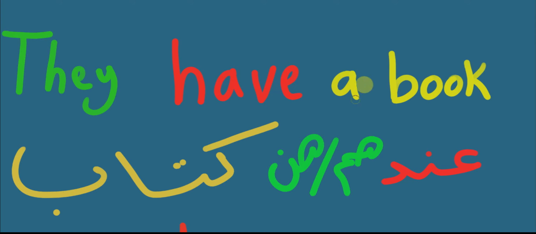This a you also use with a singular object. So if you're going to say books, you say we have books, the plural. You don't use the a. A is used when you're indicating one thing. So you can say we have a group of books.